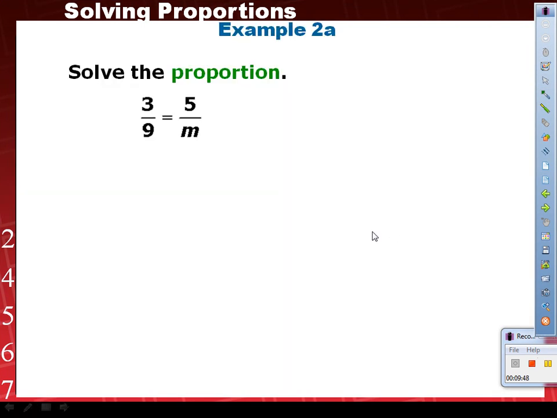Example 2A. Solve the proportion. 3 over 9 equals 5 over m. 20 seconds.